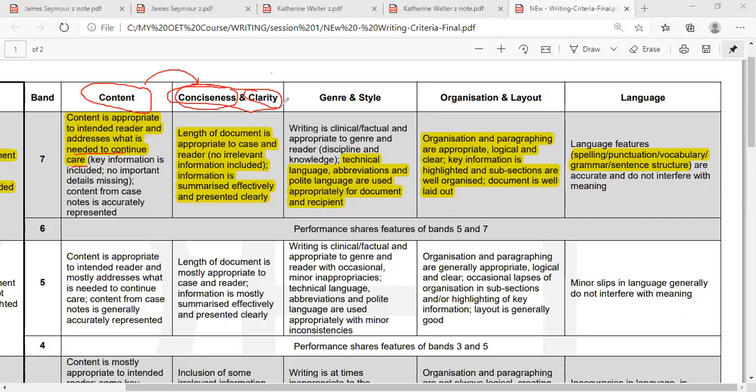And what about clarity? I mean by clarity that the data that I have selected from the case notes, I have to summarize it because this data is too long. So if I wrote all of it, the word count will be exceeded.